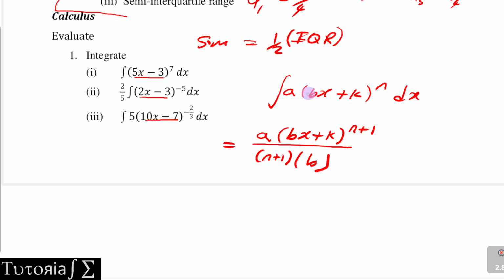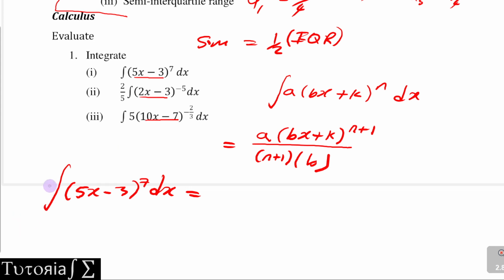So here we have this example. You're integrating 5x minus 3 to the power 7 dx. First of all, we write whatever number is in front of the integral.